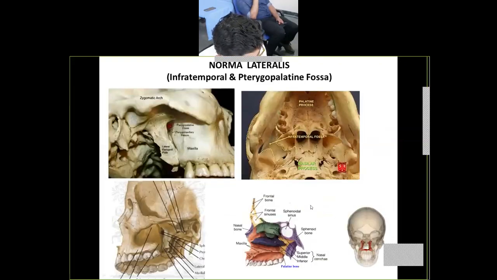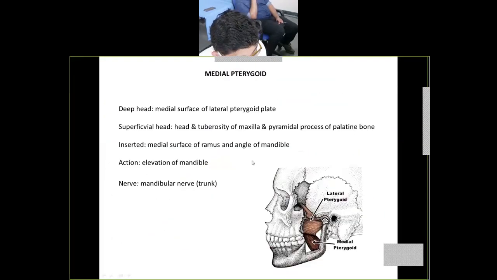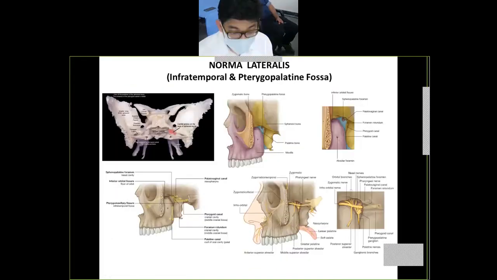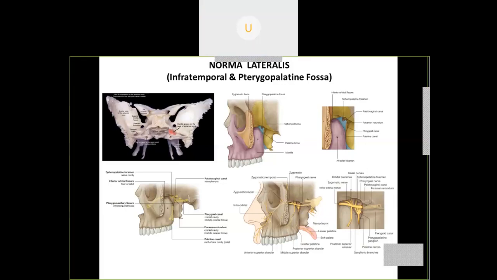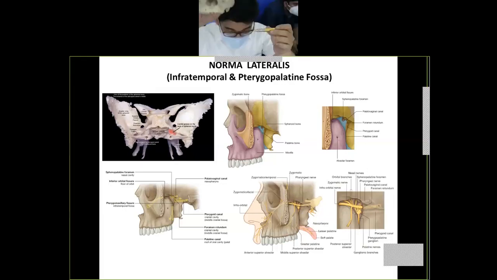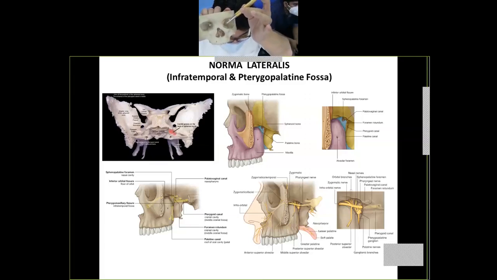Similarly, I don't have a picture. There is another, wait, let me find out. Okay, let me show it over here only. Can you see this opening? Can you see the opening below?